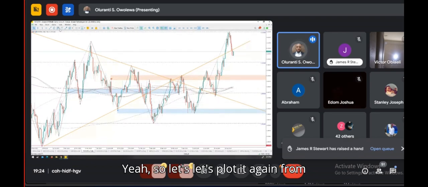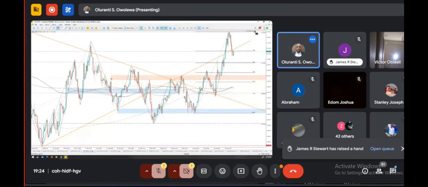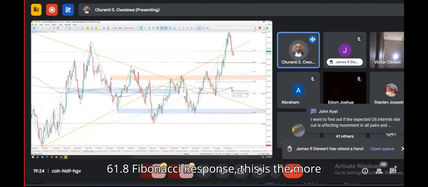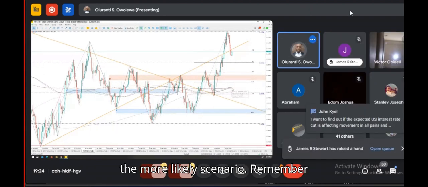Yeah, so let's plot it again from this level. So this level now, 61.8 Fibonacci retracement. This is the more likely scenario.